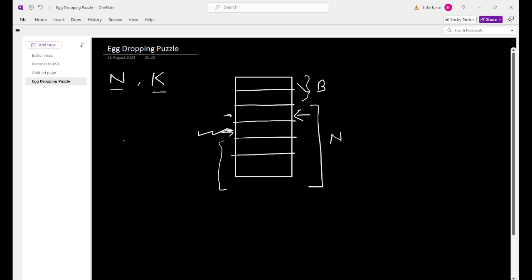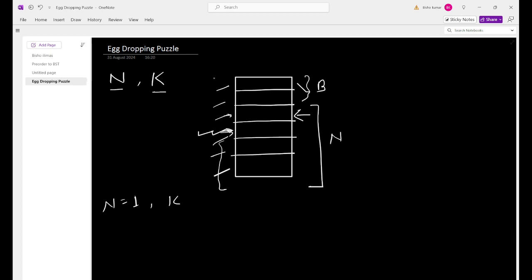Okay, let's take the base case. If we have only one egg, that is n equal to 1, and k is anything, then you need to check from the lowest floor. Why do you need to check from the lowest floor? Because you have only one egg.